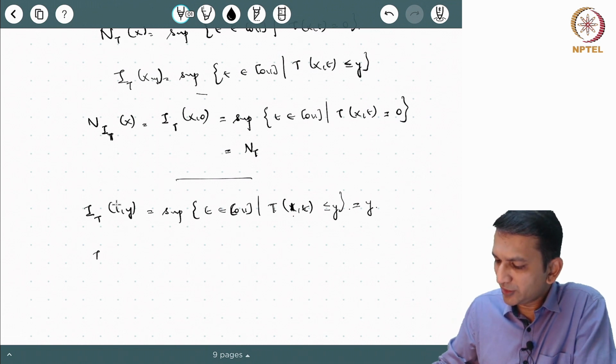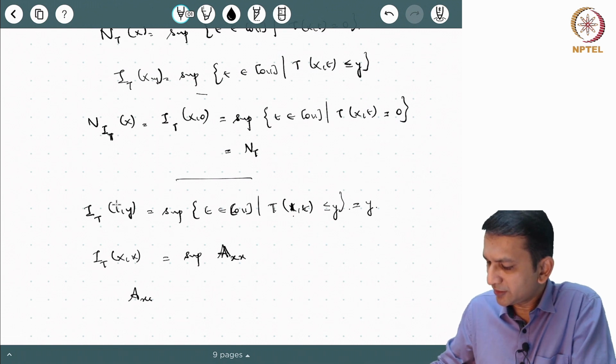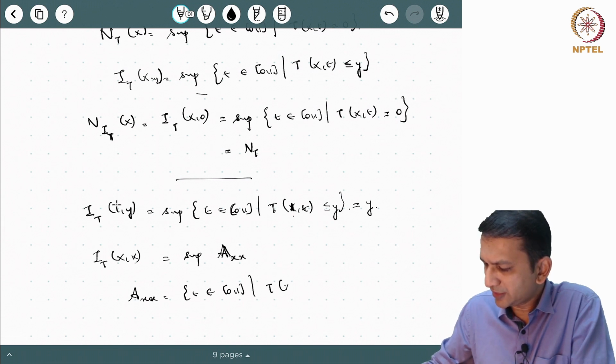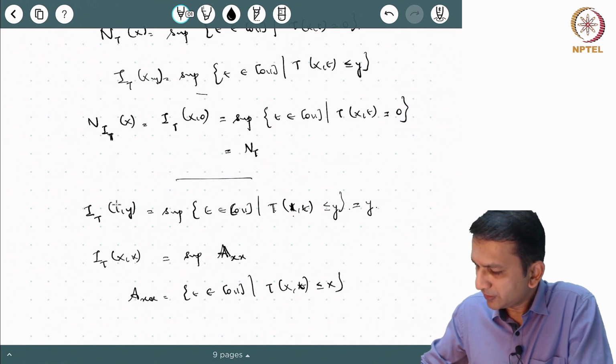Now what happens to the case I_T(x, x)? Looked at another way, it is the supremum of A_xx. Now A_xx is equal to the set of all those t element of [0, 1] such that T(x, t) is less than or equal to x.